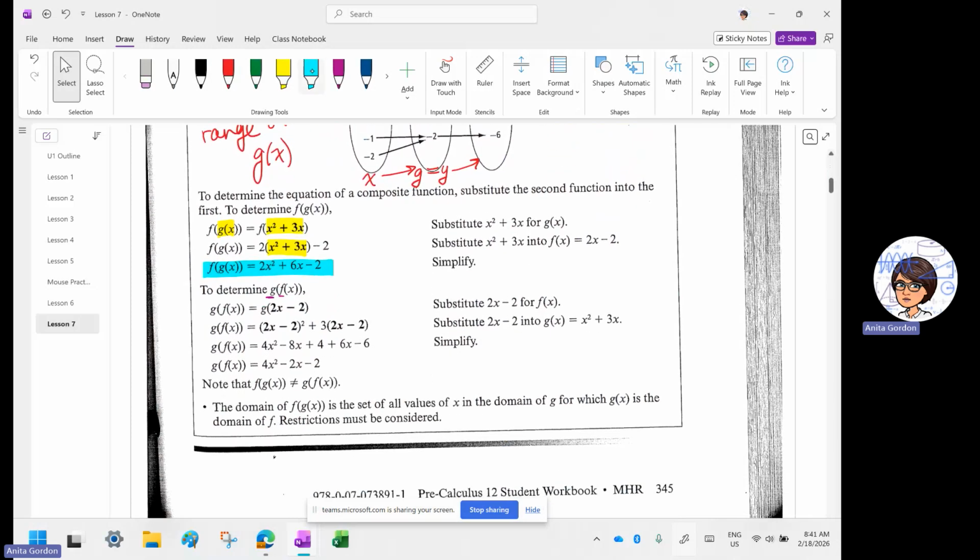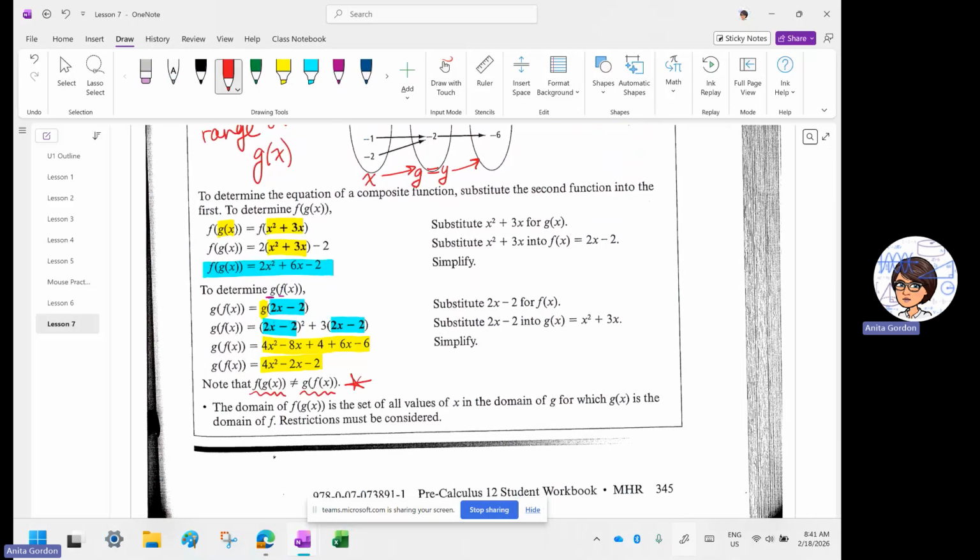So when I go do it backwards here, put f inside of g, then I'm going to have the f in two different places. So f squared plus 3f. And then again, expand, collect like terms, simplify where necessary, and note that the order totally matters.